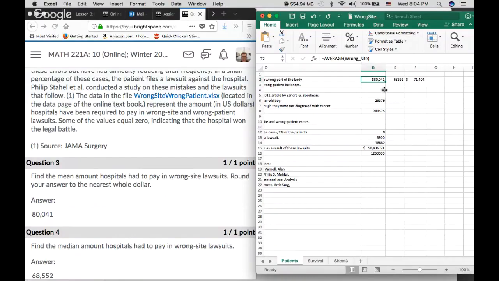Oh, so you just put it in the parentheses and then it averages it? Yep, exactly. Here, I'll show you. You just do the equals, a function, and then the name, wrong site.